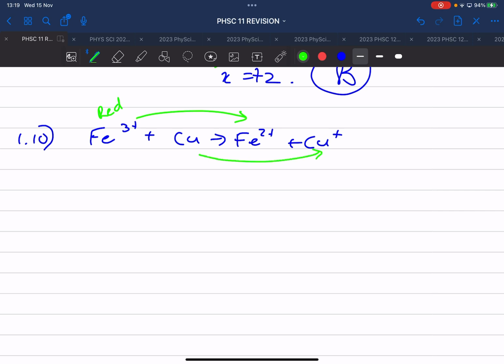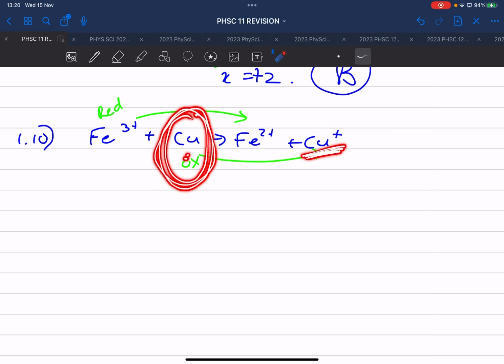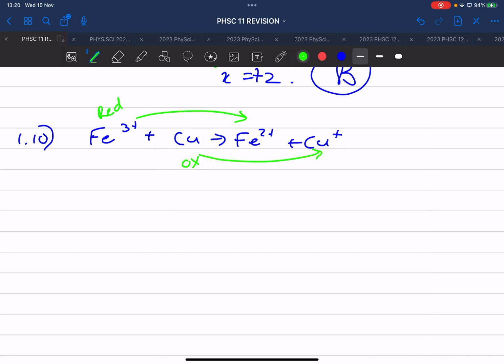Hierdie ding, wat het met hom gebeur? Hy het verloor soos die oksidasie half reaksie. Nou vra hulle vir jou, gee die reduseermiddel in hierdie reaksie. The reducing agent, reduseermiddel, is die ding wat oksidasie ondergaan, so dis koper. Dis nie koper hier hoor nie, it's not copper iron, it's copper. So the answer is C.